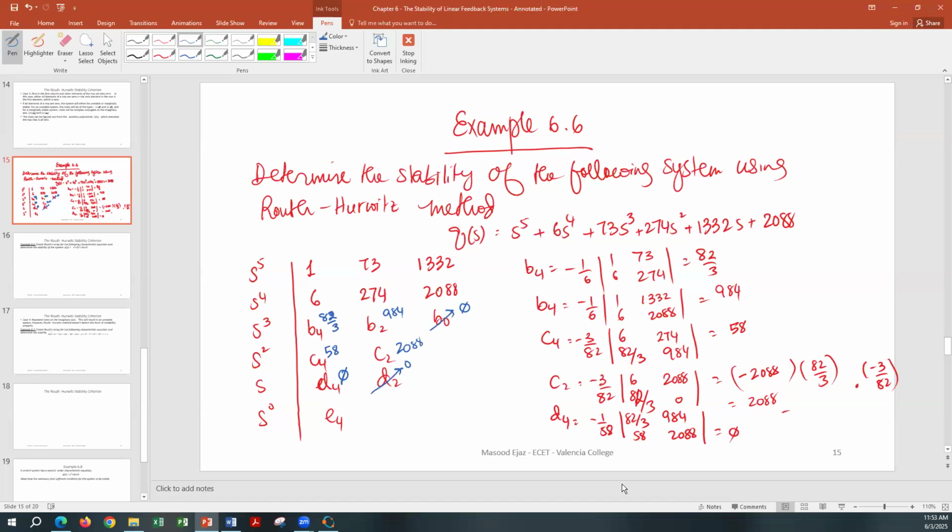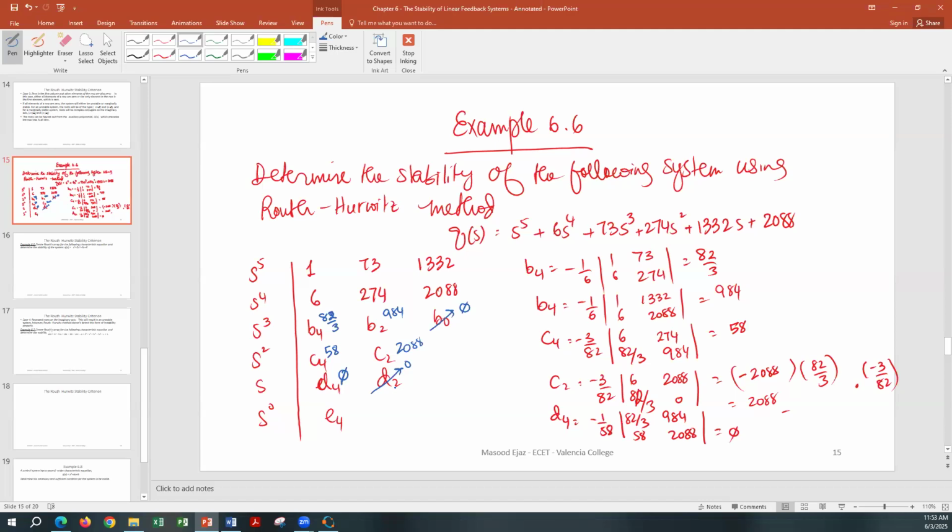So under this condition, we know that the system is going to be either marginally stable or unstable. If you have the first value of the row 0, and all the other values in that row are either 0 or there is no other value, then your system will either be marginally stable or unstable.